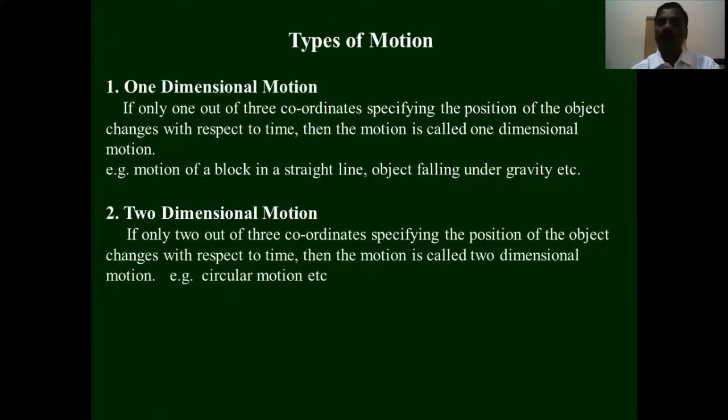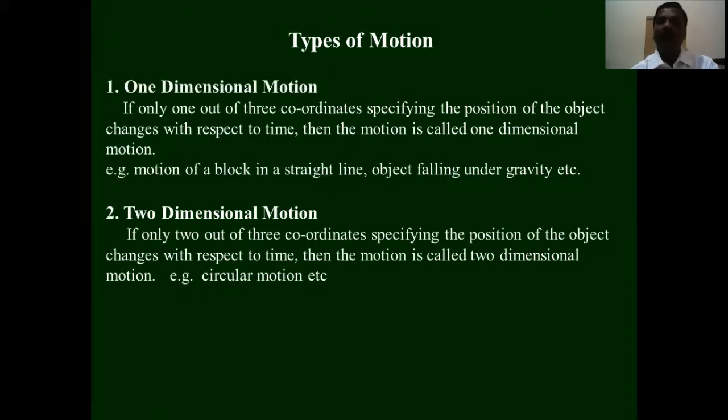Two-dimensional motion means it considers the x and y axes to specify the position of the object, and we know x and y are mutually perpendicular axes. So in two-dimensional motion, two coordinate axes are required.